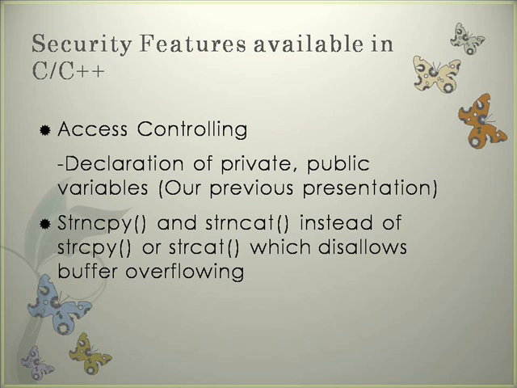Now that we have talked about the security problems in C and C++, we'll see what security features are available in C and C++. So we have the access controlling feature that allows us the declaration of private and public variables. Also, C++ has implemented new functions that have replaced the old functions with all their shortcomings.